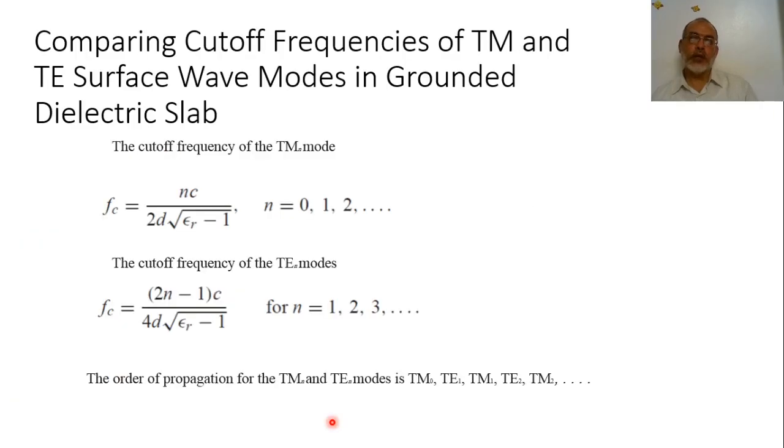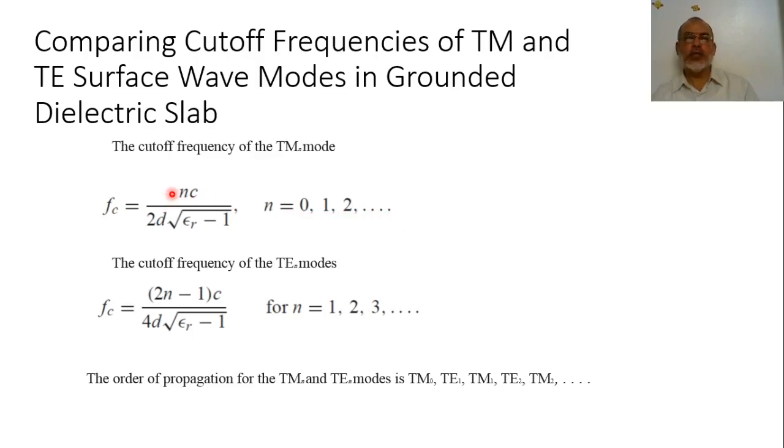Now, by combining the cutoff frequencies for the transverse magnetic n mode and the transverse electric n mode: for the transverse magnetic n mode, the cutoff frequency is n c over 2d square root epsilon r minus 1, where n equals 0, 1, 2, 3, and so on.